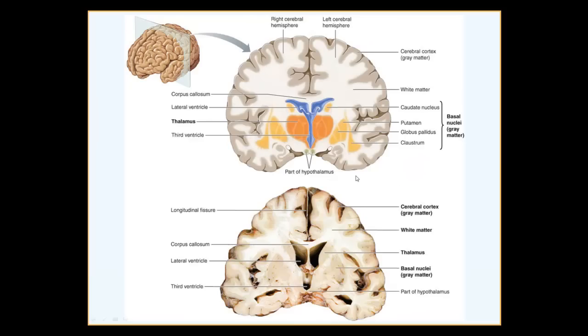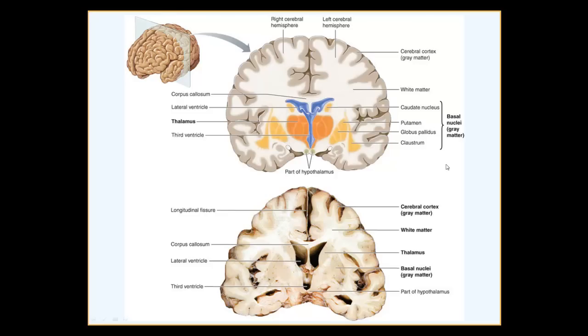Let's talk now about more of the cerebral cortex. I told you earlier that we will have basal ganglia and nuclei. You don't have to remember those names, but we have the caudate nucleus, the putamen, the globus pallidus, and the claustrum.